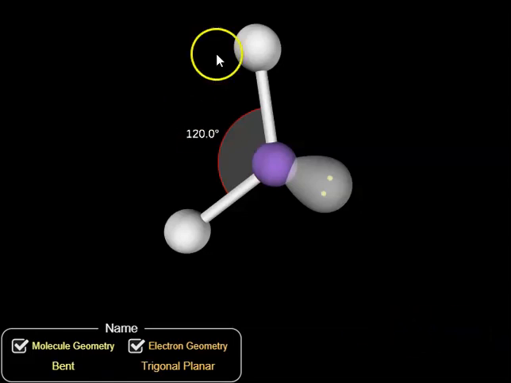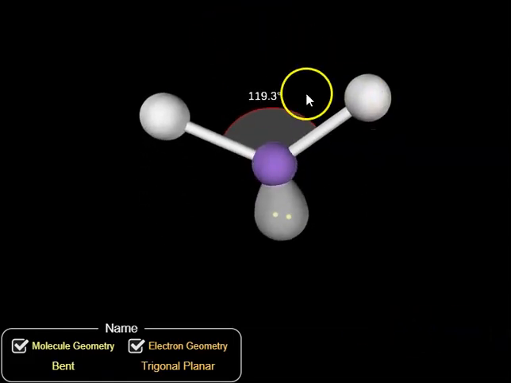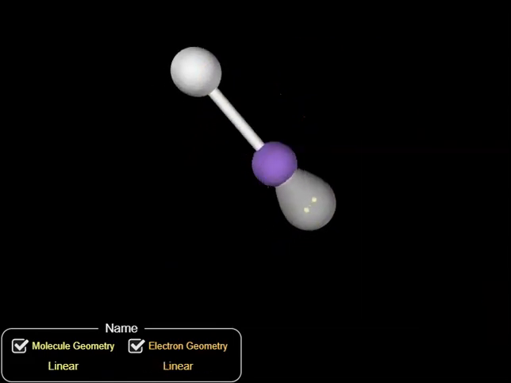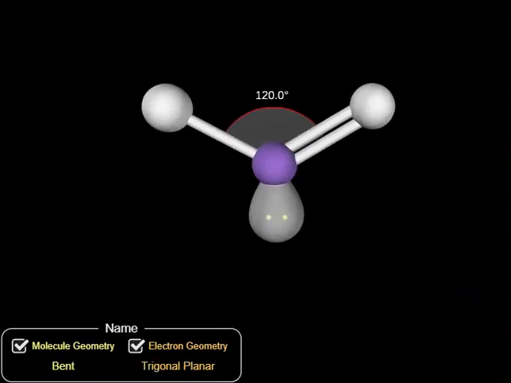Okay? Sometimes it's known as V-shaped. If I turn it like this, hopefully you can see the V shape. The bond angle hasn't changed because we've still got three regions of negative charge around that central atom. Doesn't matter whether we've got single bonds, or a double bond and a single bond. That's really common. Sulfur dioxide forms that kind of shape.